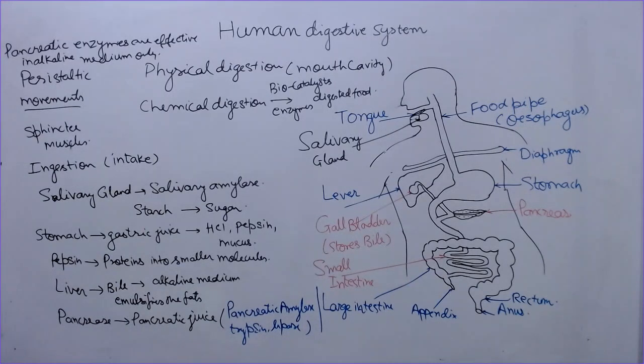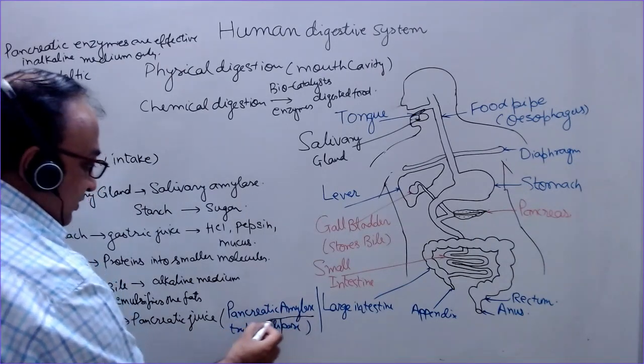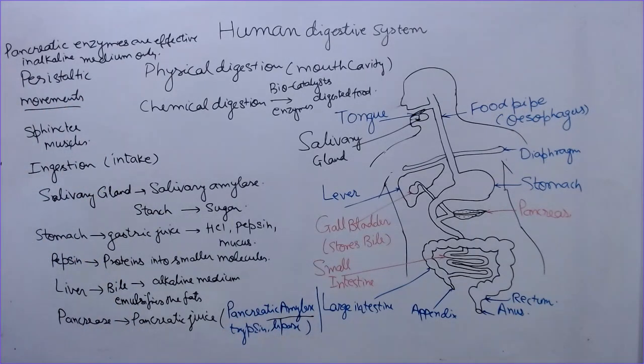They have different functions. The pancreatic amylase breaks down the starch, trypsin digests the protein, and lipase breaks down the emulsified fat. Pancreatic amylase breaks down the starch, converting it into even smaller molecules which can easily be absorbed in water before the blood carries them to the cells.